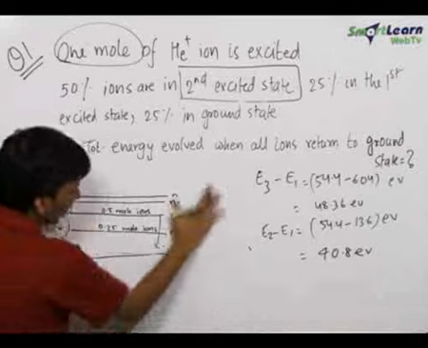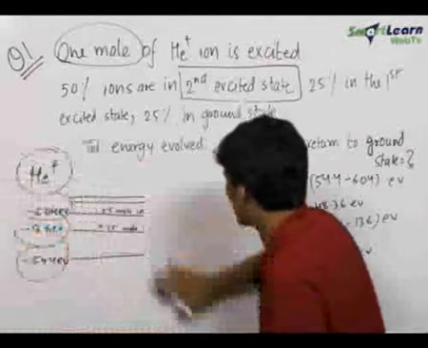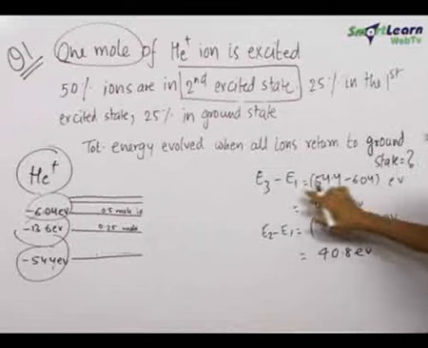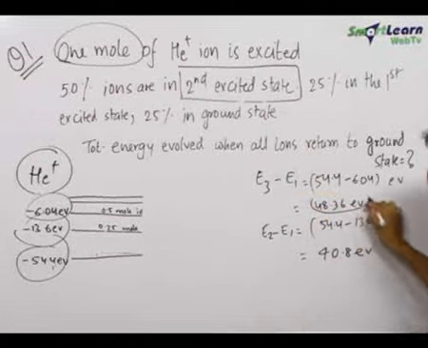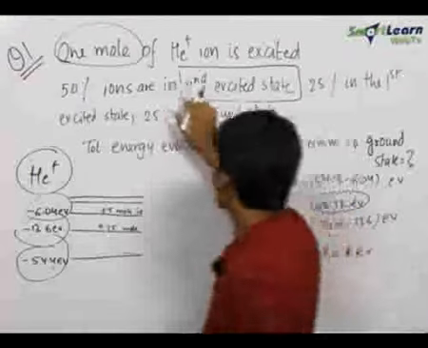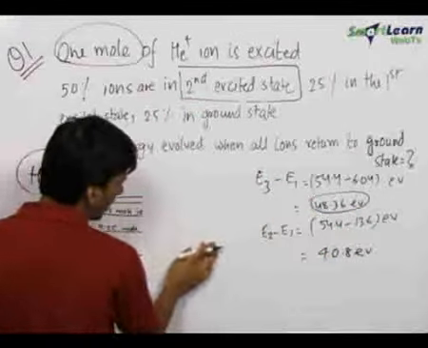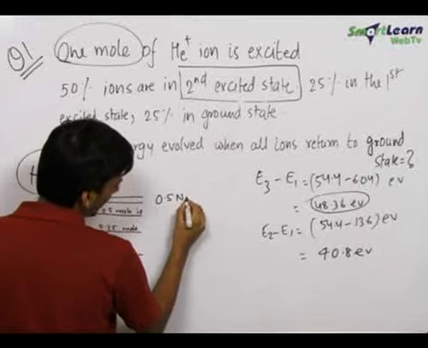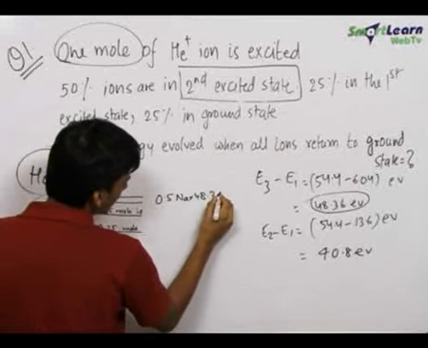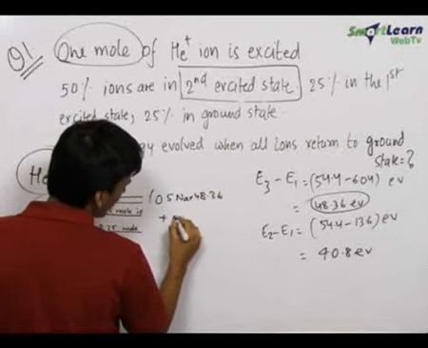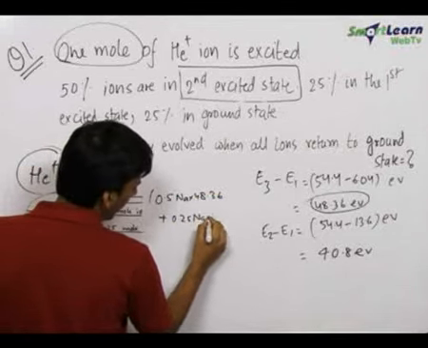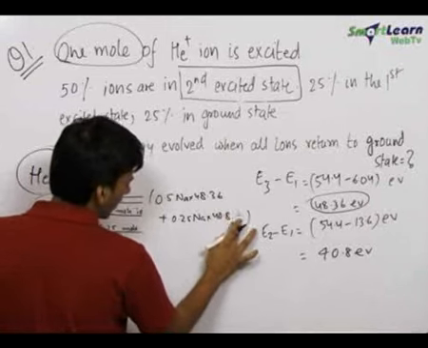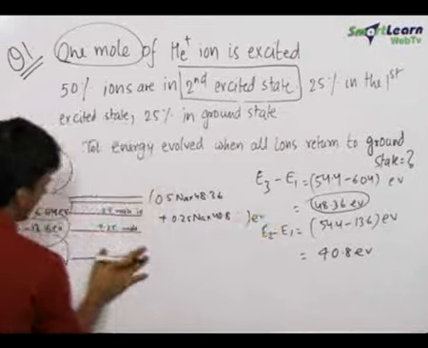So we know the energy difference between these two states. Now let us write the equation for the total energy evolved. If one ion would have come down from E3 to E1, the energy evolved would have been this, but we have 0.5 moles of ions coming down from 3 to 1, therefore this becomes 0.5 into Na into 48.36 plus 0.25 into Na into 40.8 electron volts.